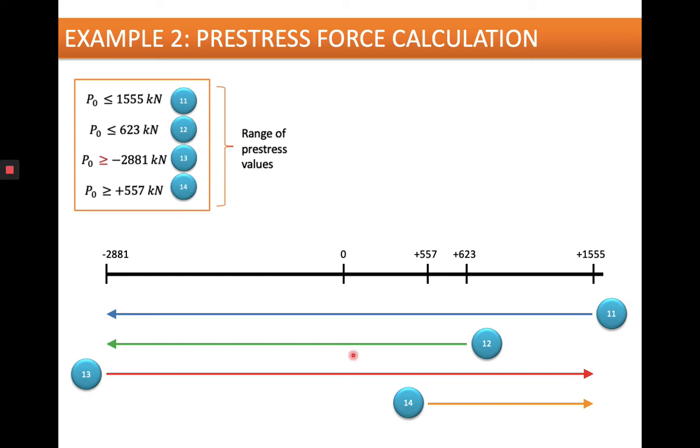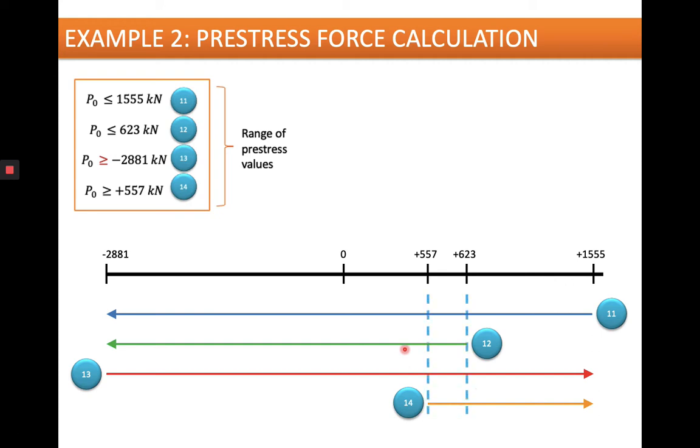Based on these values, what we are going to do is find the intersection between these ranges. We want the ranges to overlap with each other in order to decide on the range that we are going to use for our structure.